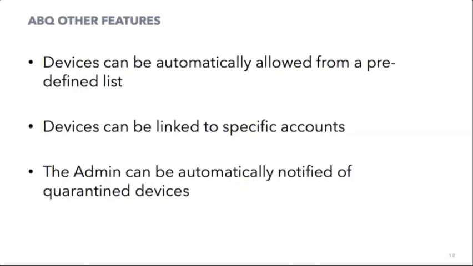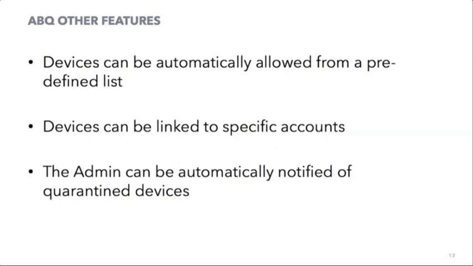The other thing that you could do is you can actually link a device to a specific account. Now, again, this is a security feature because potentially if you don't link it with a specific account, it means that if a device comes in and you allow it to synchronize to a mailbox, they've been approved and allowed to connect to that mailbox, but they could then potentially go and set up another account against the same server and still be allowed to connect.